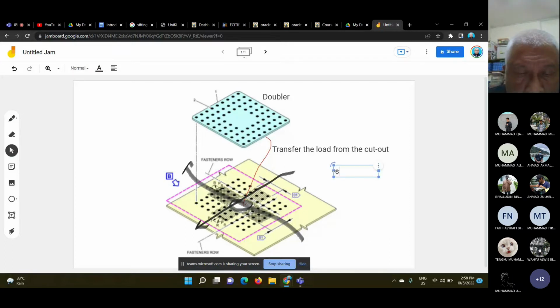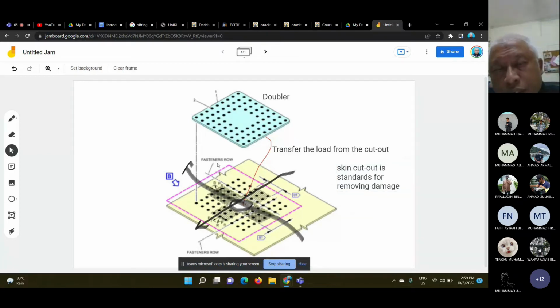Skin cutout is a standard for removing damage. This is a standard feature.